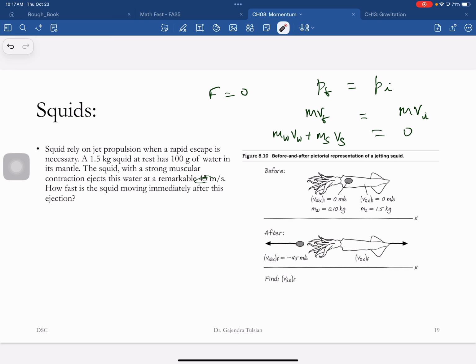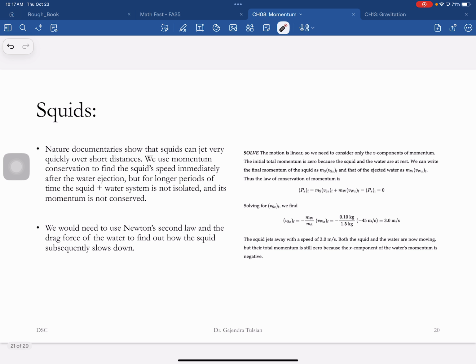Here's the calculation. The initial momentum is 0, and that should equal the final momentum. Mass of the squid times velocity of the squid, plus mass of the water times velocity of the water, should equal 0.